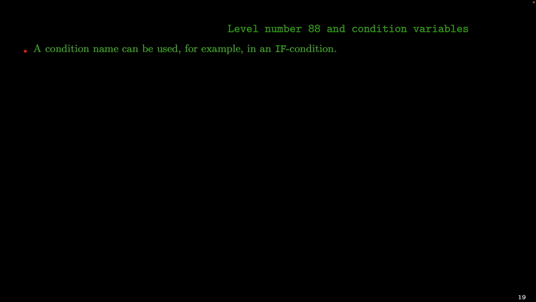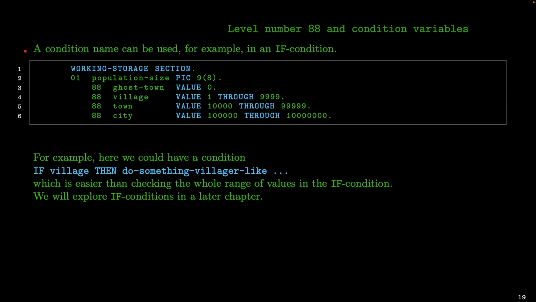And we can use such a condition name in an if condition, for example. So here that was our example, and such an if condition would look something like that. If village, then do something that villagers would do.